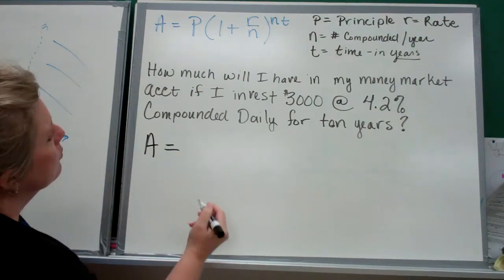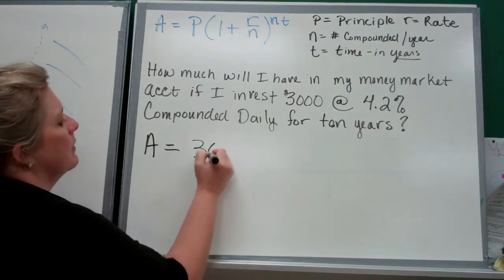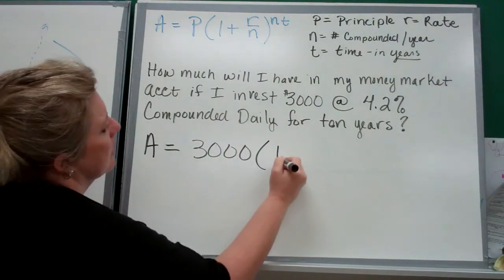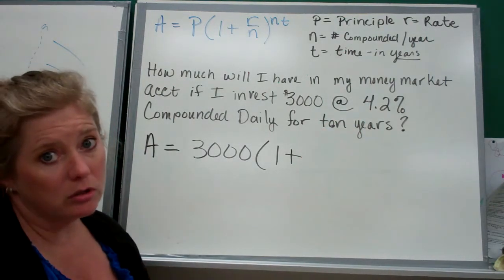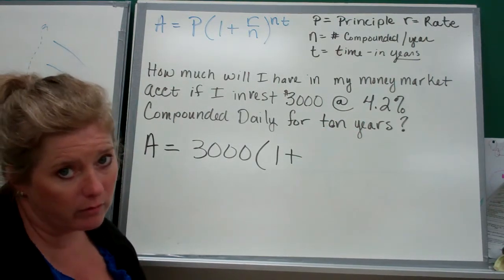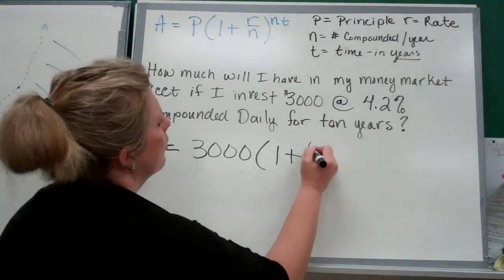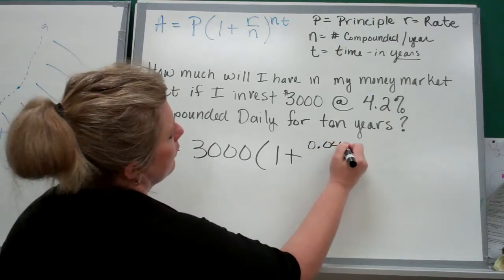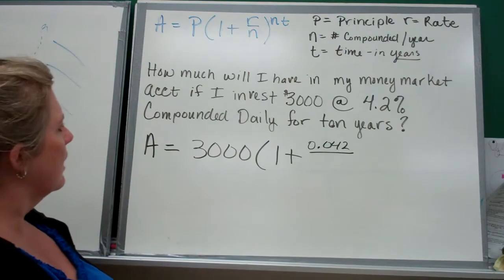So A equals P, my principal. That's the amount that I invested, 3,000 times 1 plus R. Now, am I going to put 4.2 or should I use the decimal form? Decimal form, always. 0.042 over N. Number of times compounded per year.